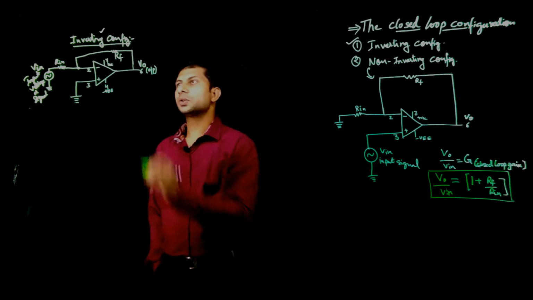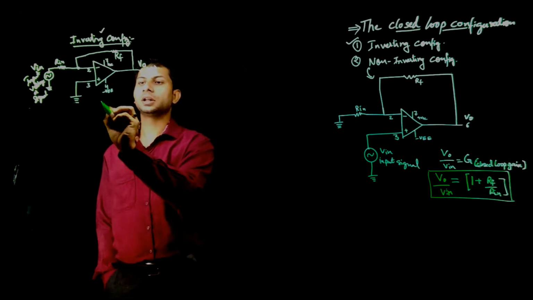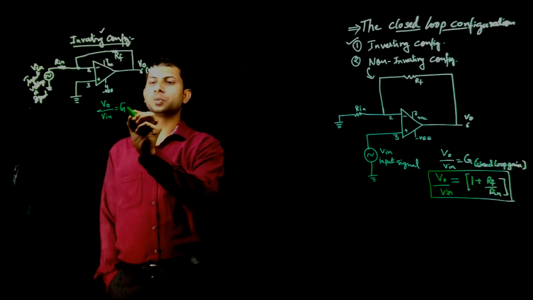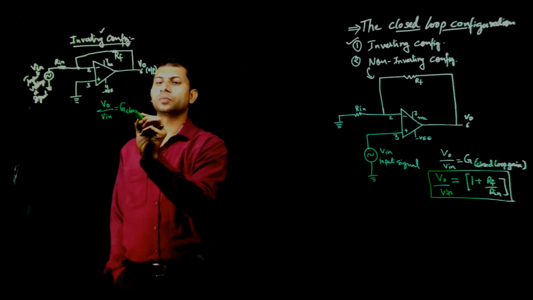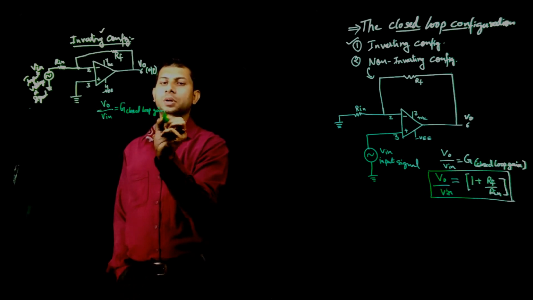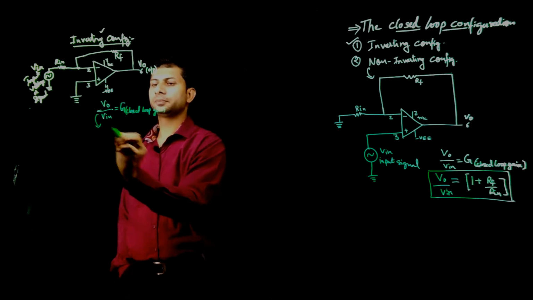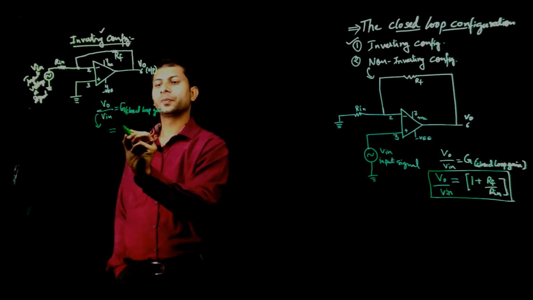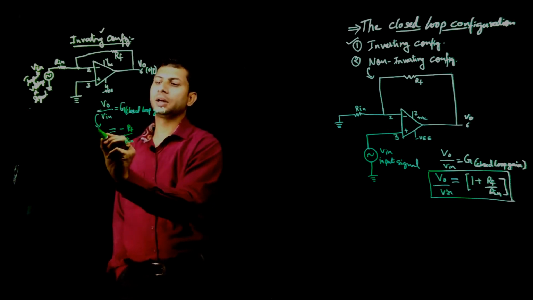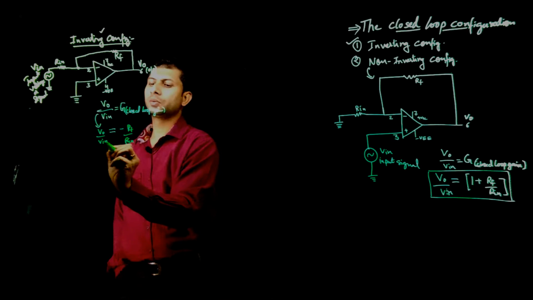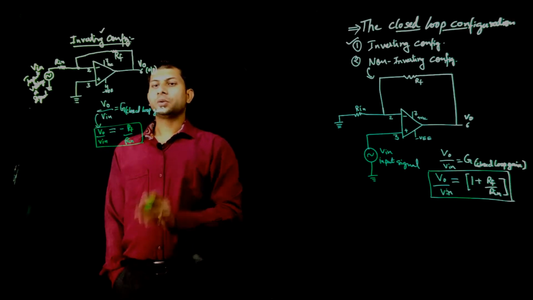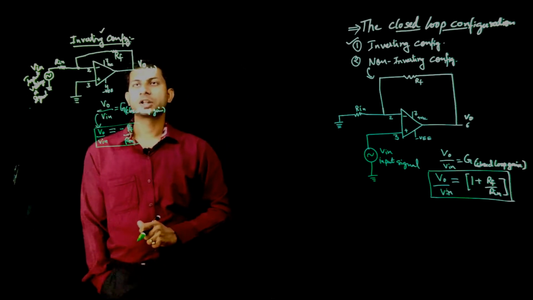And in the case of inverting configuration, the closed loop gain is given by minus RF upon RIN, that is VO upon VIN. We will try to find out these two relationships respectively.